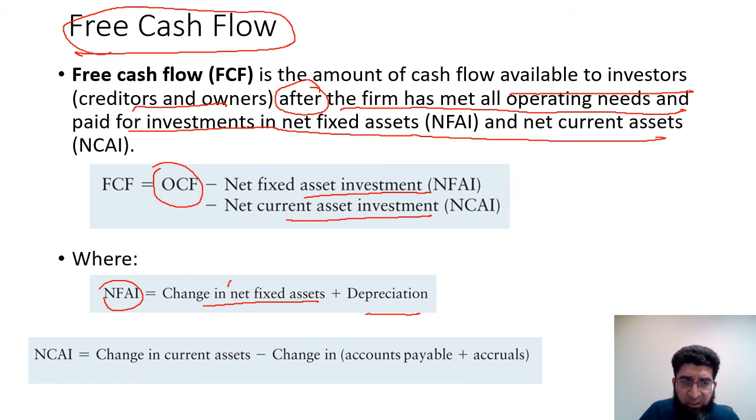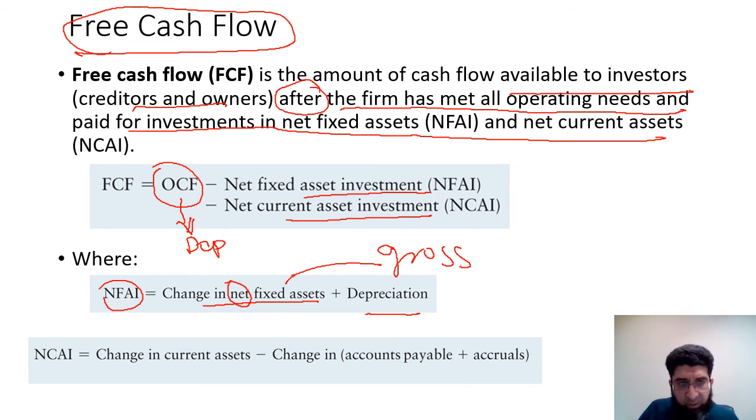Now, we have removed the depreciation, so we have to add back the depreciation and convert this into a gross figure. This is because we have already added back depreciation in operating cash flow.